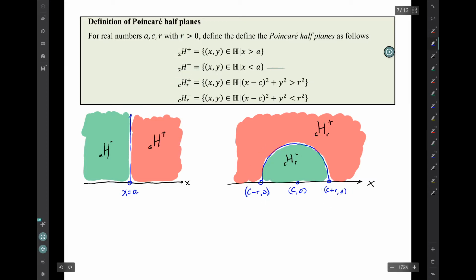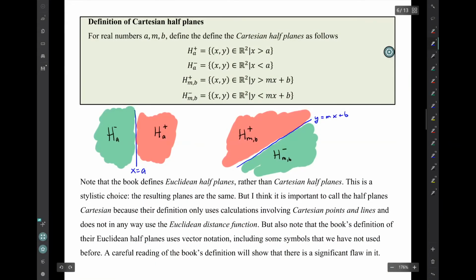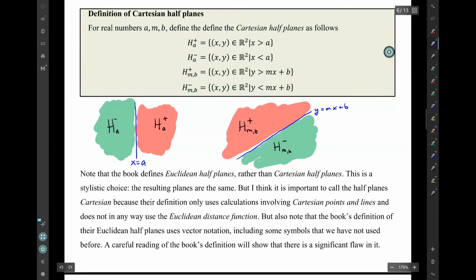If we go back to the Cartesian half-planes, notice that my symbols indicate which kind of line those half-planes are associated to as well. These symbols indicate that those half-planes are associated with a vertical line. These symbols indicate that those half-planes are associated with this non-vertical line.